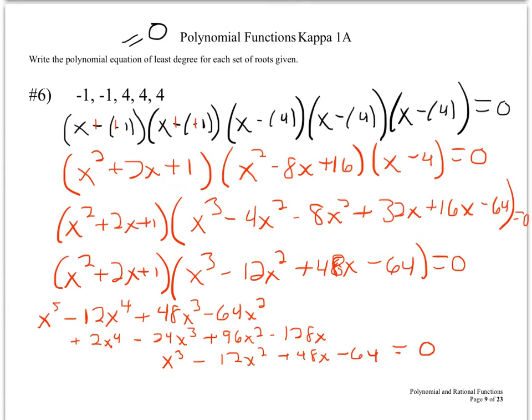If I combine these like terms, I'm going to get x to the 5th minus 10x to the 4th plus 25x cubed plus 20x squared minus 80x minus 64 equals 0.